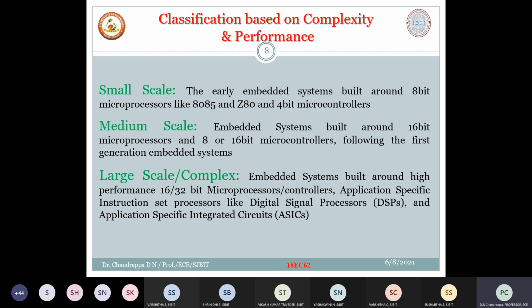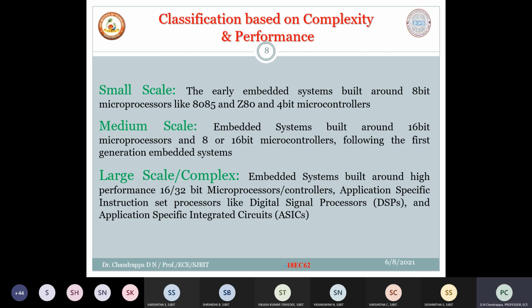So for this complexity and performance based sub-classification, we have three types: small scale, medium scale, and large scale. In the small scale, it's like the early embedded systems built using microprocessors like the 8-bit microprocessor, what I told in the last slide, the 8085 microprocessor, and another microprocessor, the Z8.